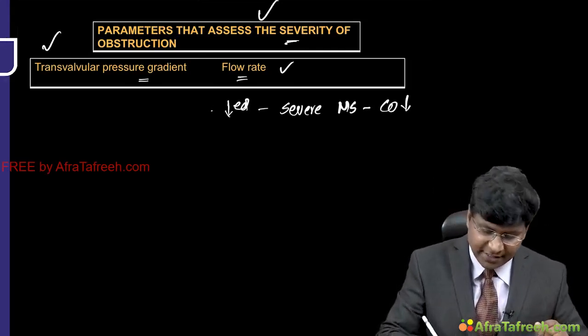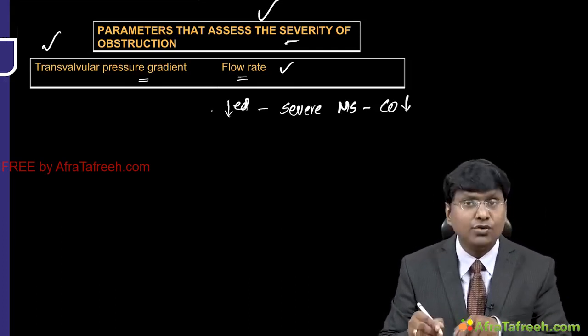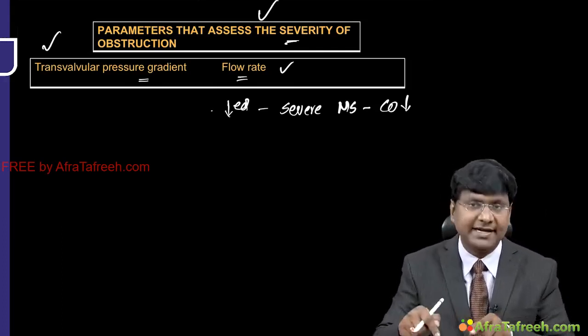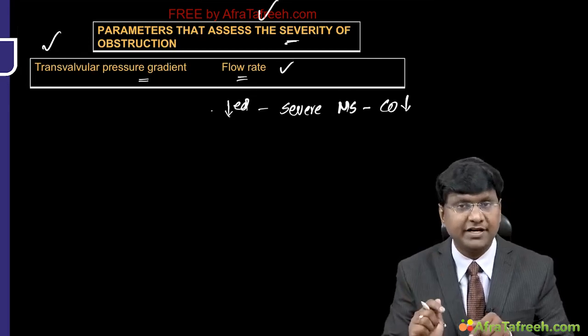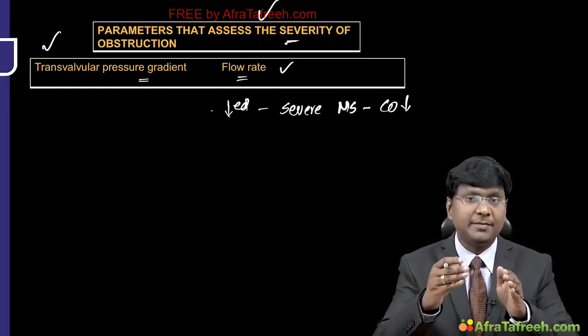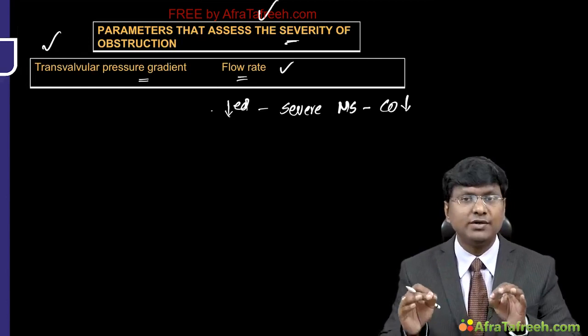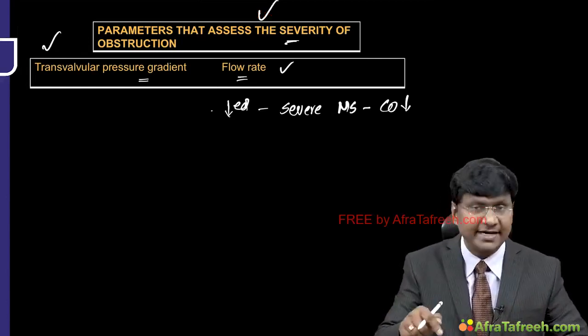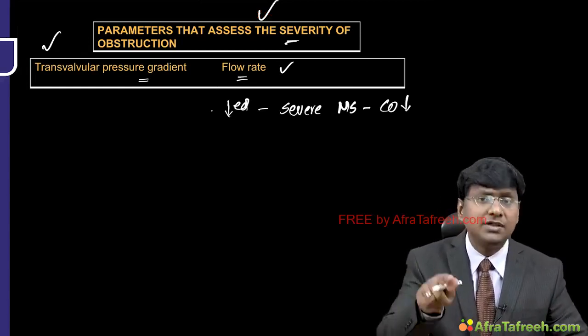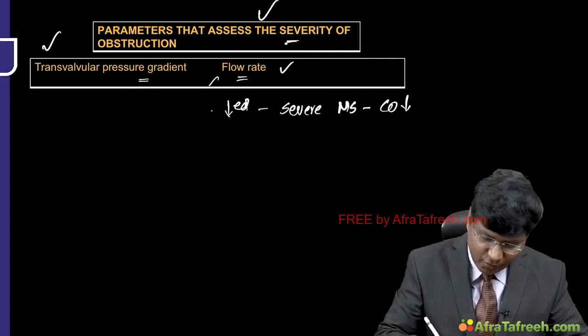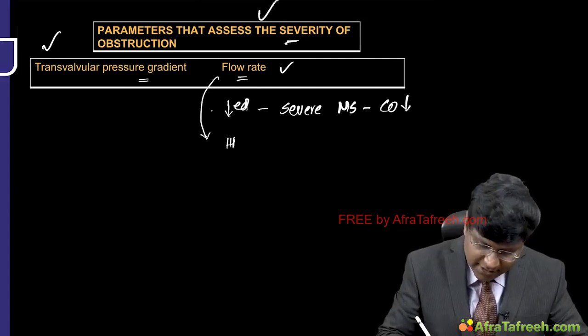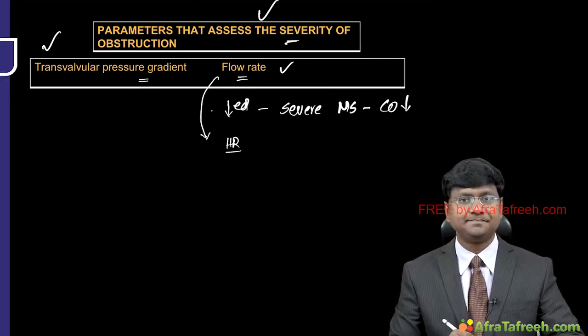But this particular flow rate is not only dependent on the mitral valve area. Listen to this point, it is very, very important. The flow rate from left atrium to left ventricle is not only dependent on the mitral valve area. Besides the mitral valve area, the flow rate also depends upon the heart rate of the individual.